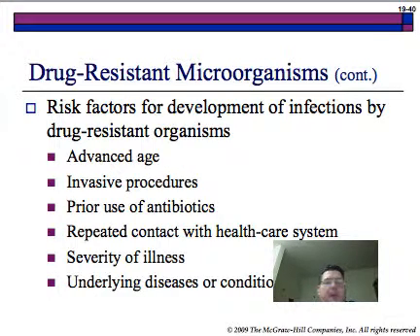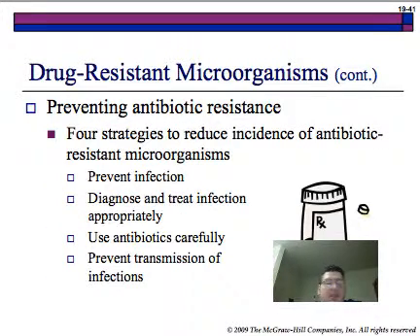Drug-resistant microorganisms: the risk factors for development of infections by drug-resistant organisms are advanced age, someone who's elderly, invasive procedures, prior use or overuse of antibiotics, to the point where the organisms grow resistant to the treatment, repeated contact with healthcare systems, severity of illness, and underlying diseases or concerns.